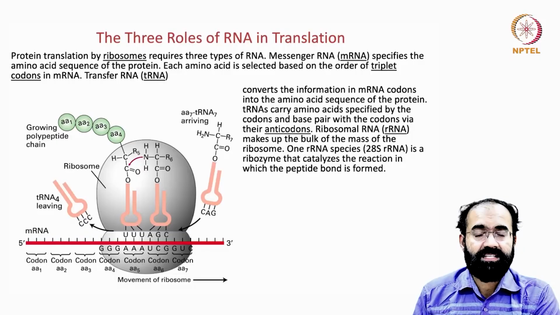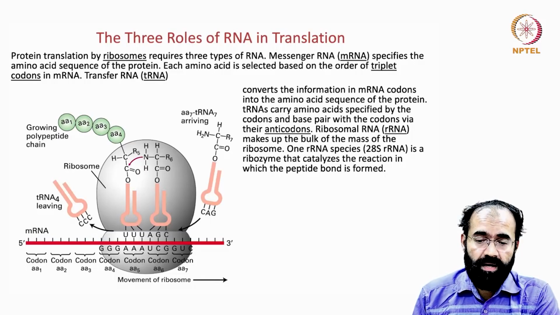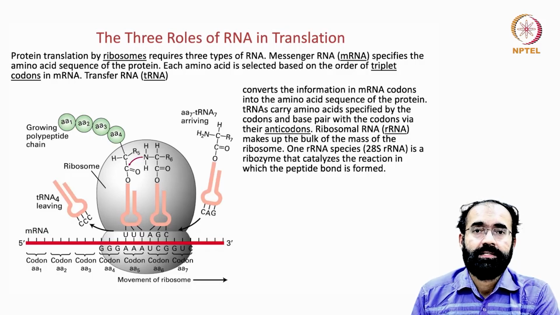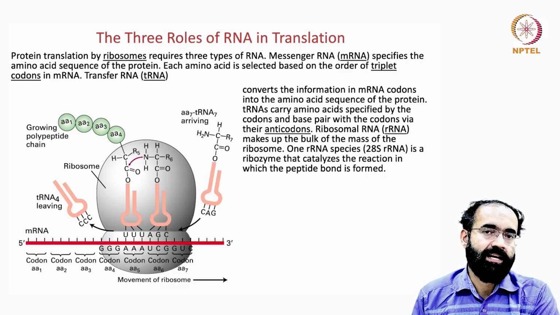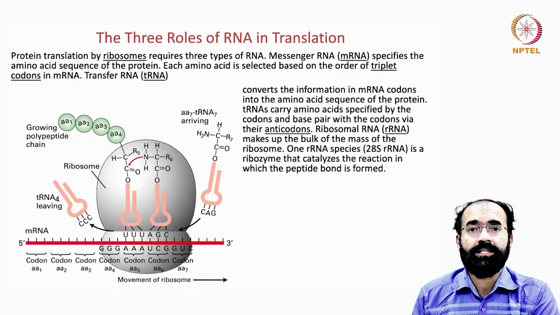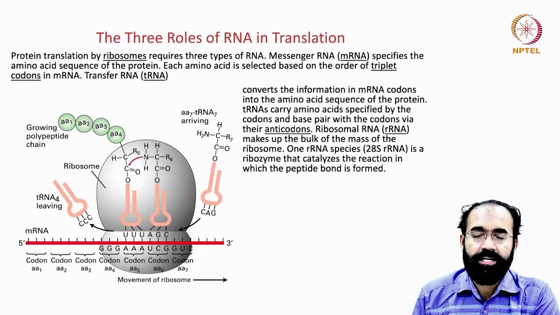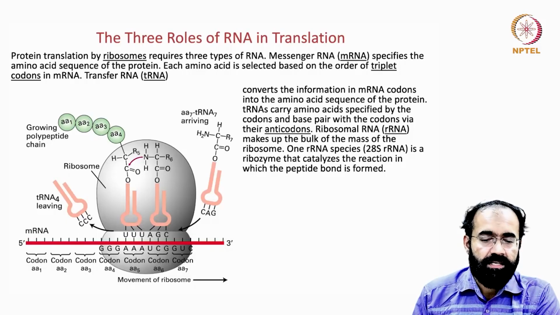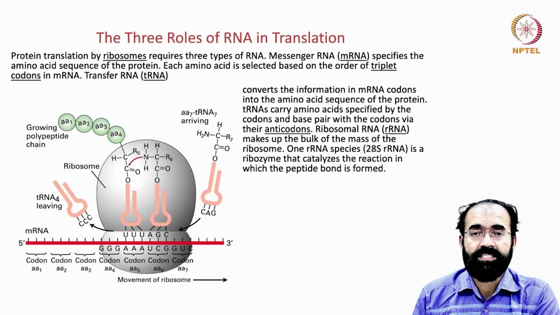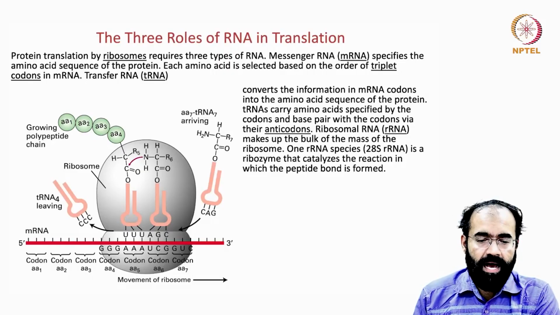So the protein translation by ribosomes requires three types of RNA. First one is the mRNA or the messenger RNA, which contains the message from the genome for a specific gene into the cytoplasm. We call it mRNA. And this specifies the amino acid sequence of the protein that is going to be made from this RNA.